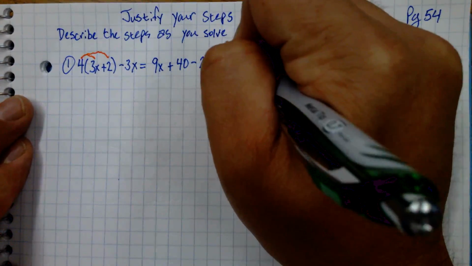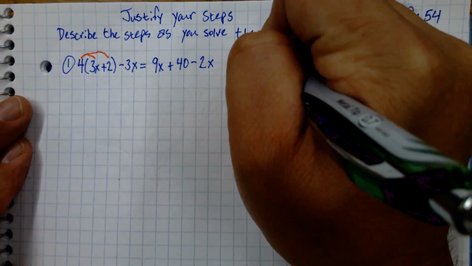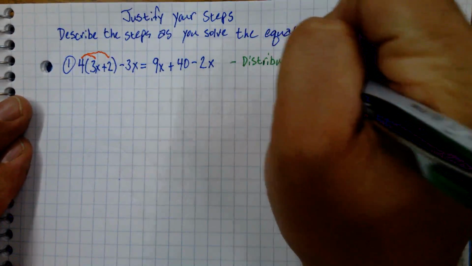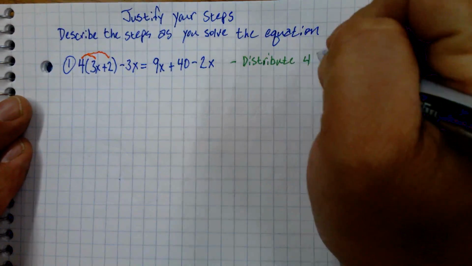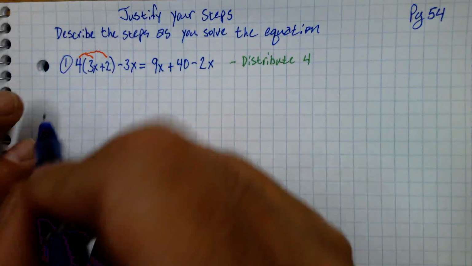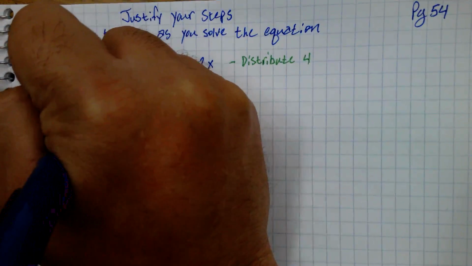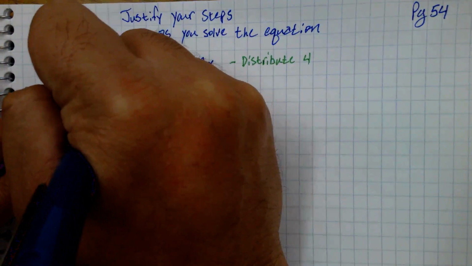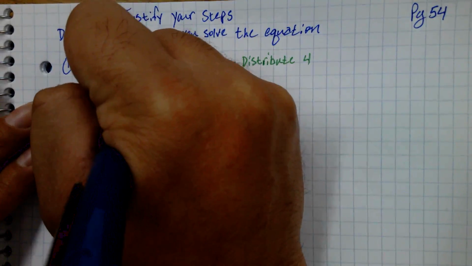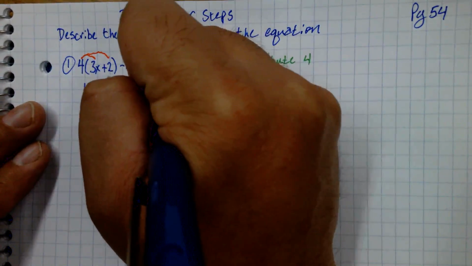Distribute 4. We're going to be real specific as to our step. Okay, so that's going to give us 12x plus 8 minus 3x, and then just copy over the rest.